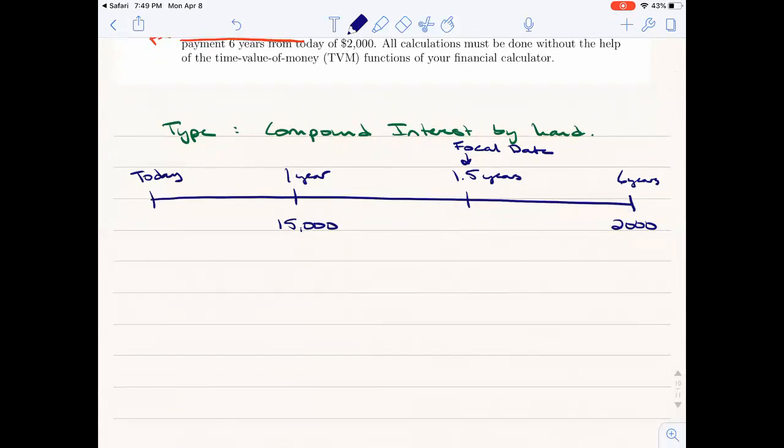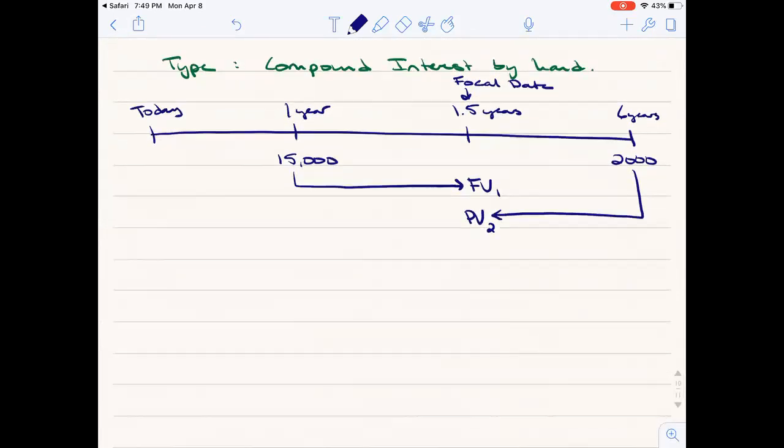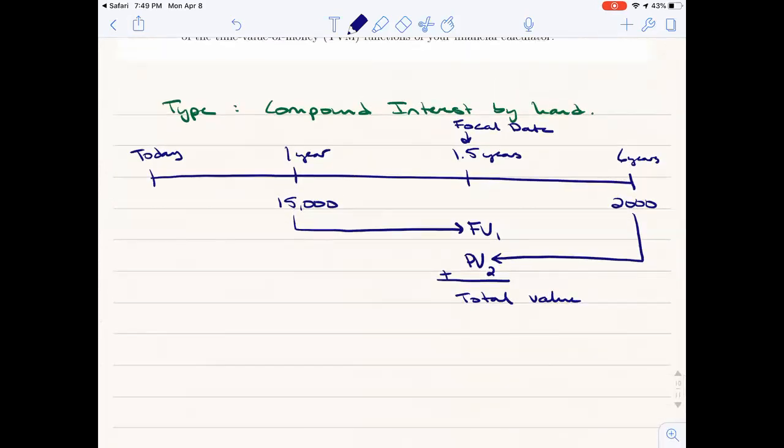So we can pull these to the focal date. The 15,000 goes to some future value 1, and the 2,000 goes to some present value 2. And this is the total value if you add those up.